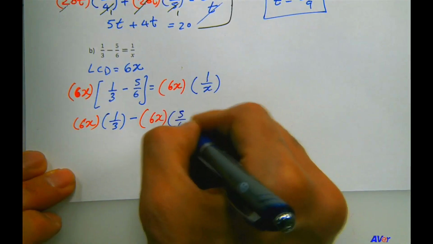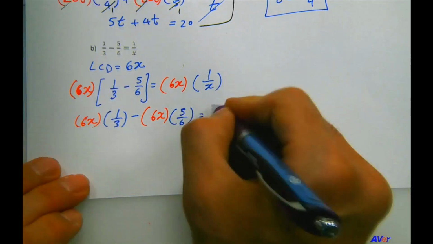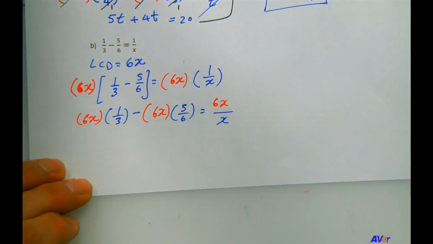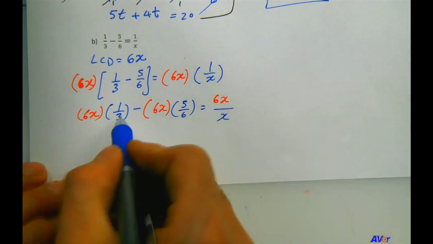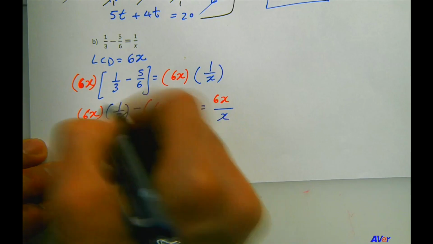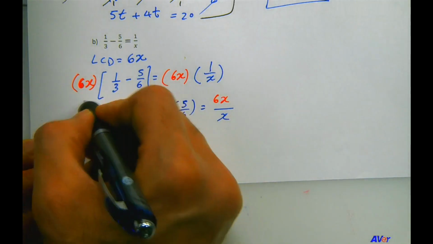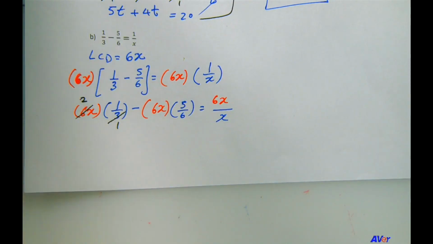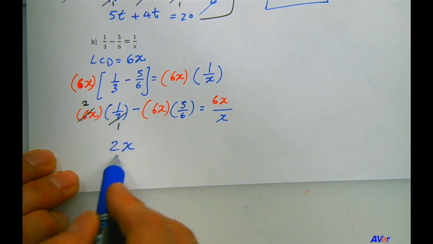Times 5 over 6 equals 6x over x. Right? Now let's simplify. So the 3 is a factor of 6. So this goes away, we have 1. The 3 factor of 6 goes away, we have left 2. So 2x. So that reduces to 2x.